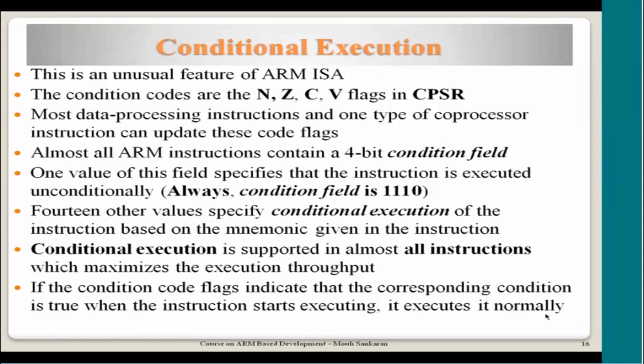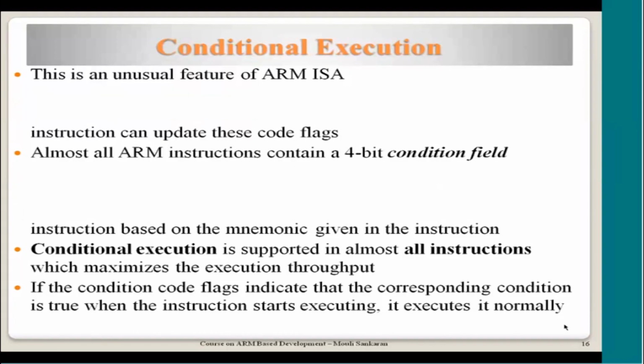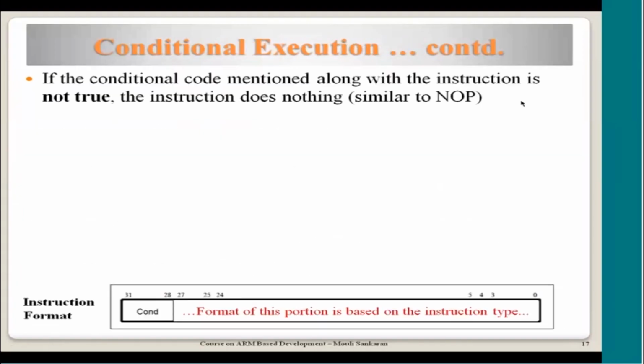Otherwise, when that instruction comes to the execution stage, it will check the flags, and if they match the condition, it will execute normally. Otherwise, it will be a no op. No op means it is just skipped, so nothing happens. One cycle gets wasted, but there are no changes to the CPSR or any other register content of the processor.